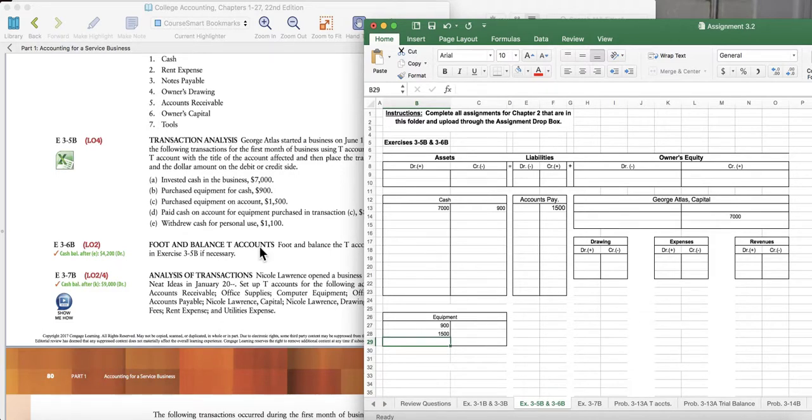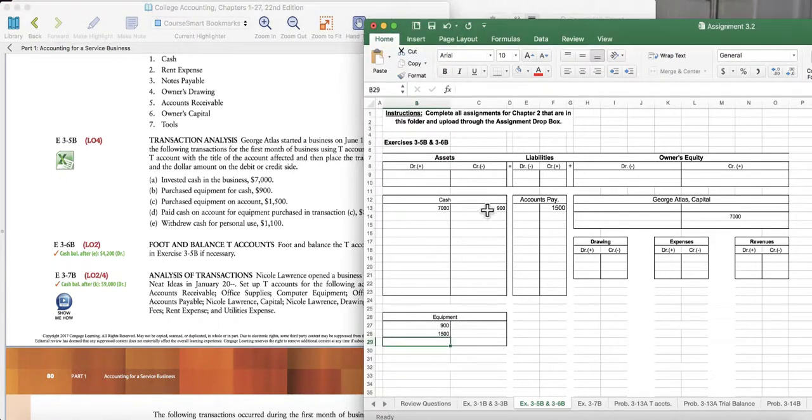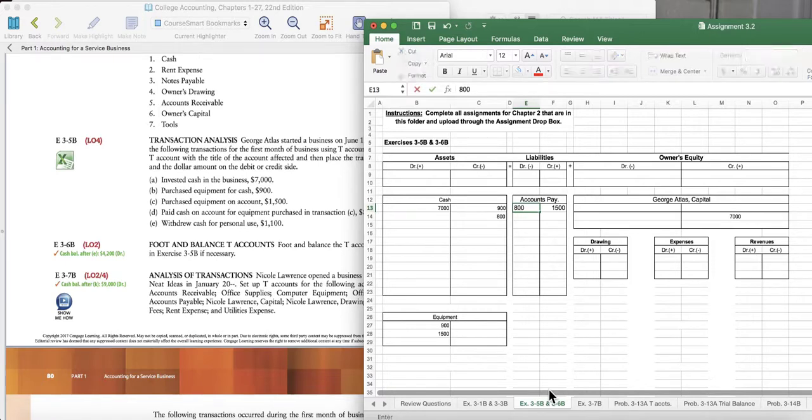The next one is we paid cash on account for equipment purchased in transaction C of $800. So we're going to decrease our cash by $800, and then we're going to decrease the amount in accounts payable. So we're taking down the amount that we owe since we paid $800 on it.